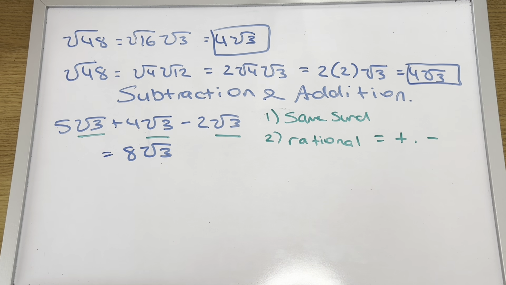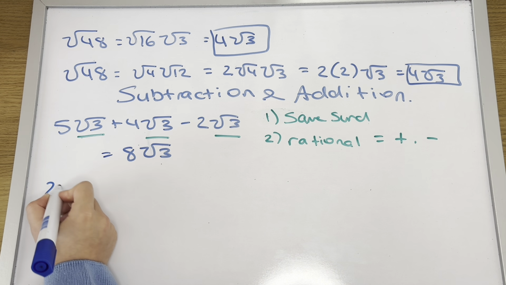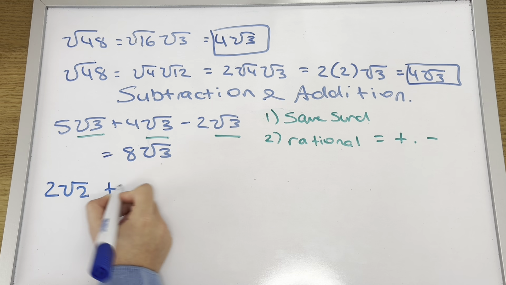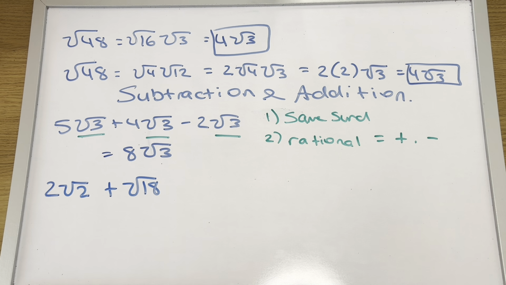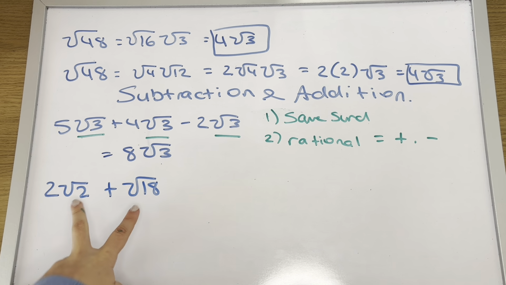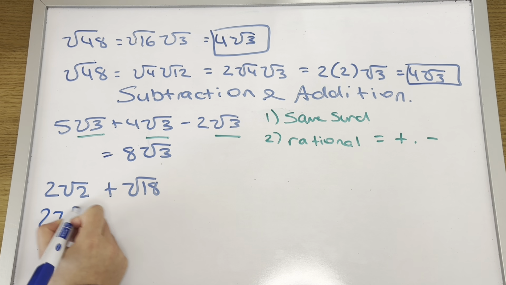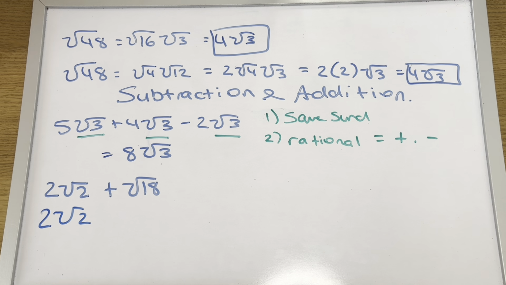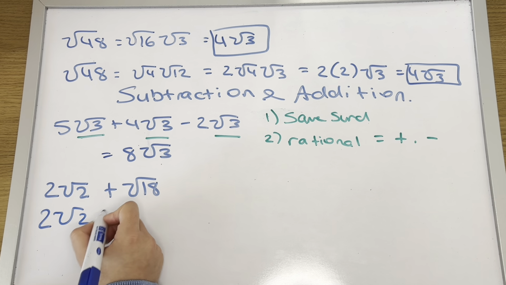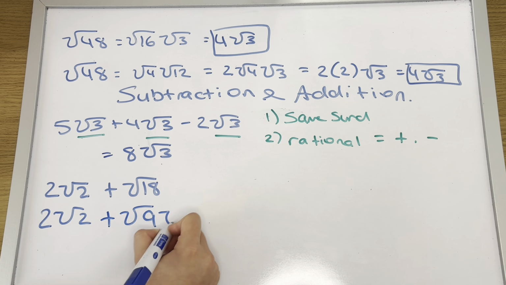Now another question we can look at is 2 square root of 2 plus square root of 18. Firstly, they are not the same surds. We're going to have to break down this 18, especially because 2 can go into 18. So we must break it down and simplify it. Two multiples, where one is a perfect number and one is not, that give us 18: that's 9 and 2.